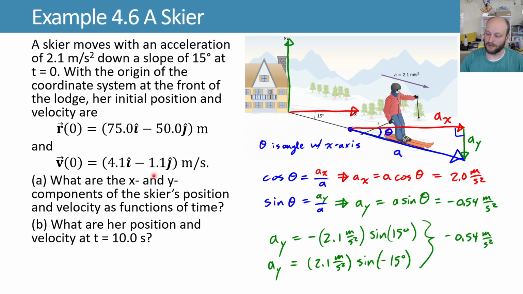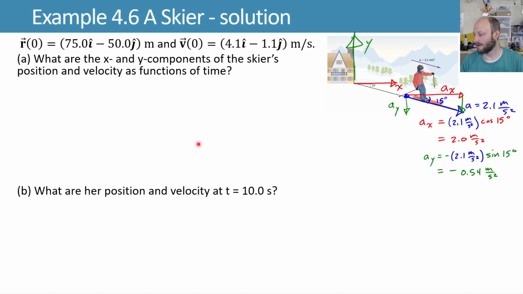Now we're going to move on to solving parts A and B, and just note before moving on that we have x components here for our initial x position, x naught, and our initial x velocity, v naught, in the x direction, and for our y naught, and v naught in the y direction. So what are the x and y components of the skier's position and velocity as functions of time?